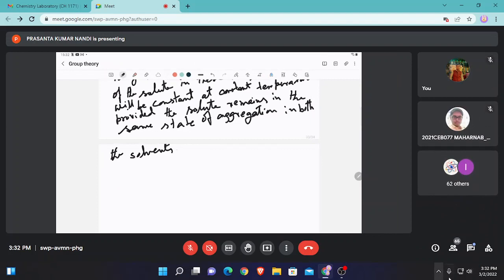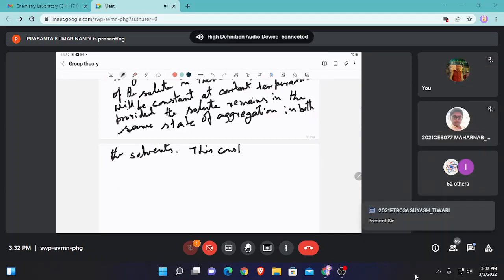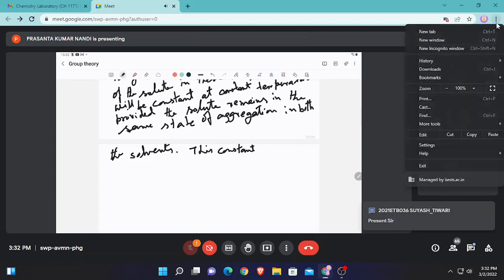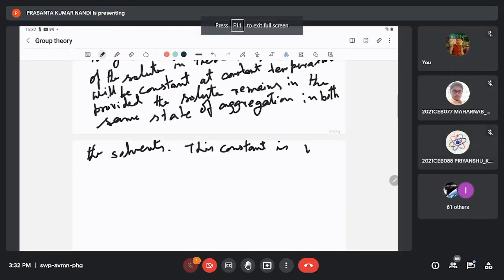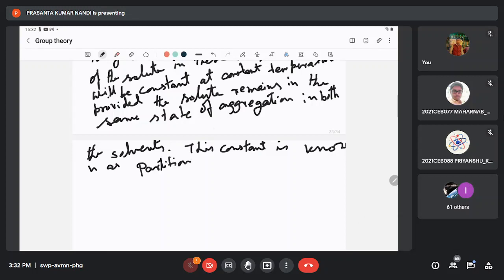This constant is known as the partition coefficient.